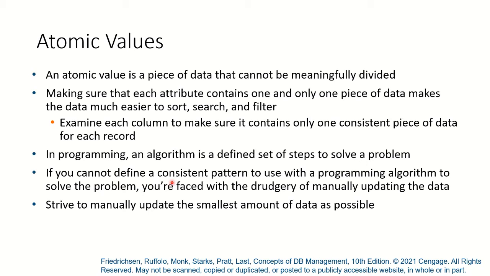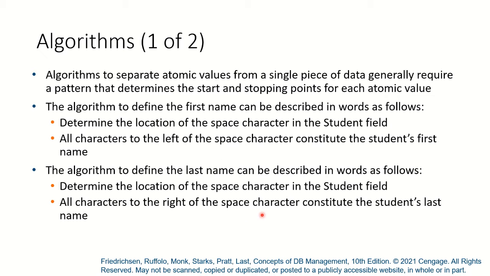If you cannot define a consistent pattern to use with a programming algorithm to solve the problem, you are faced with the struggle of manually updating the data. You need to strive to manually update the smallest amount of data possible.